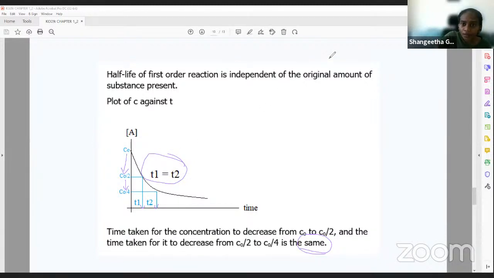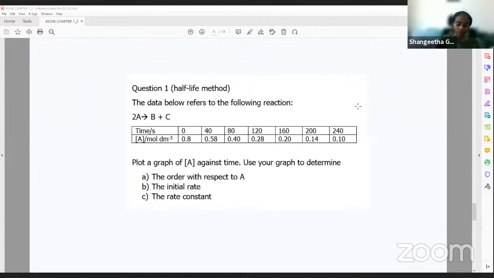Now let's go into the question. How are you going to apply all the information you have learned to a question? Earlier we saw for the integral method, you use ln A equals negative kt plus ln A naught, and you draw that graph. Now you want to use the half-life method.